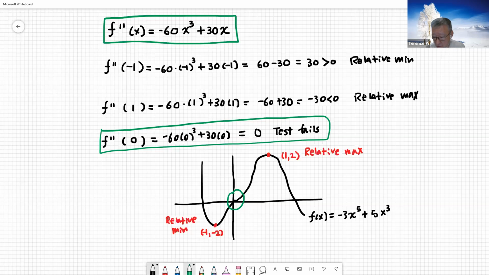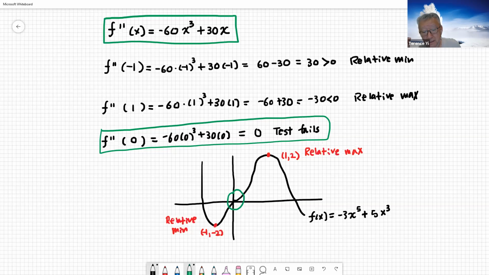Okay? So what we have here is another application of a derivative test. We need to make sure that you understand the difference between the first derivative test and the second derivative test.